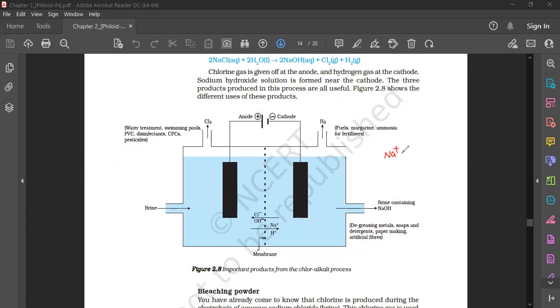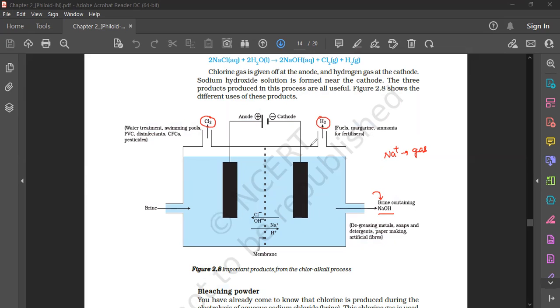Na is not in the gaseous state. H2 is in gaseous form, so it will go to the top of the beaker for the electrolysis part. And Cl2 is also in gaseous form. But NaOH is in liquid form, just combined with the brine solution only, right? If there is any solid, it will settle at the bottom of the beaker. But this is a liquid, so it will flow along with the brine only.